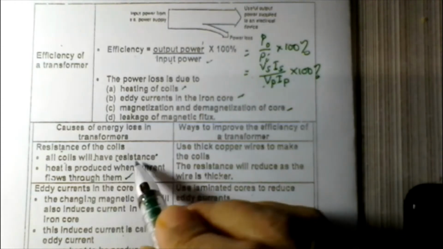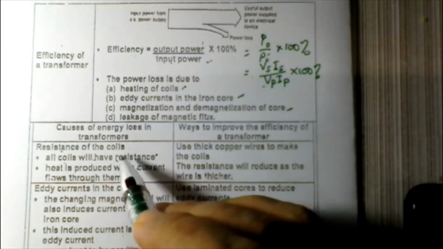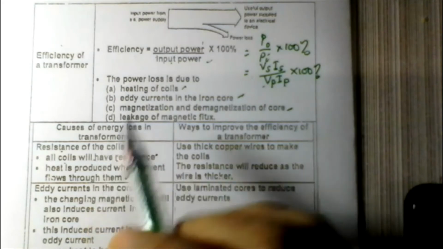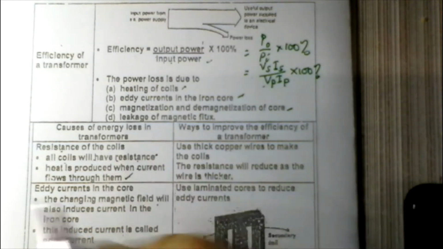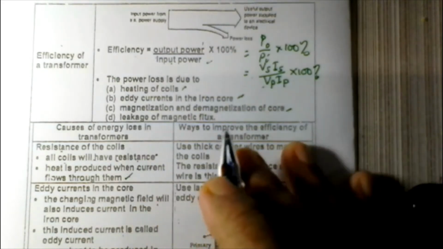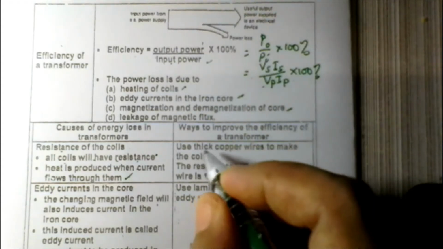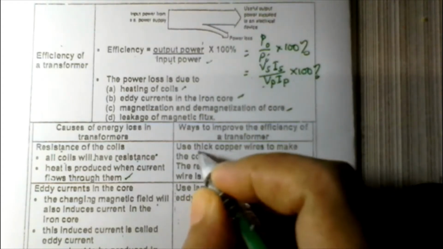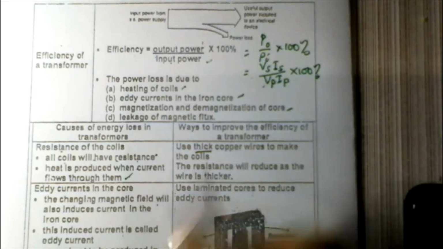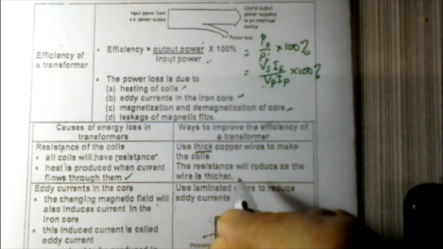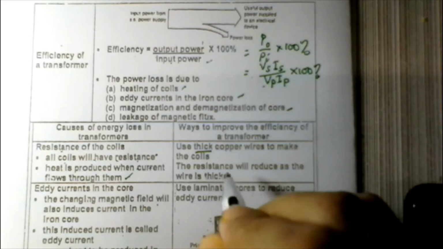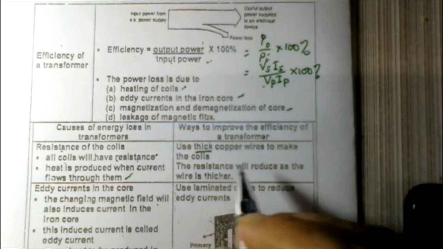Remember, when there is a resistance, there must be work done to overcome the resistance. So the work done will cause some of the energy to be converted to heat energy. So that will be lost. So a way to improve the efficiency of a transformer is, instead of using thin copper wire, we use thick copper wire. Because for thick copper wire, resistance is smaller. Okay, so less work is done to overcome resistance, so less energy loss.